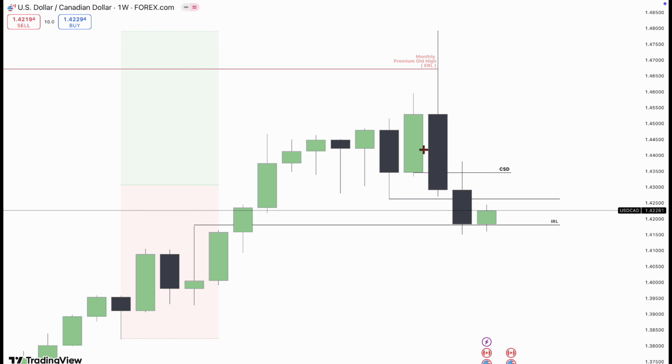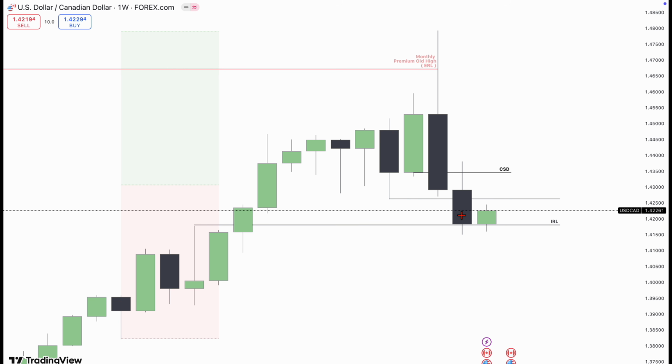Now this is a high probability order block. Why? Because it took the external range liquidity and swept the high, and SMT confirms that this is a high probability order block. So as you can see, this weekly candle confirms the CSD, but our draw on liquidity is still pending. So we are sellers for the next whole weekly candle.